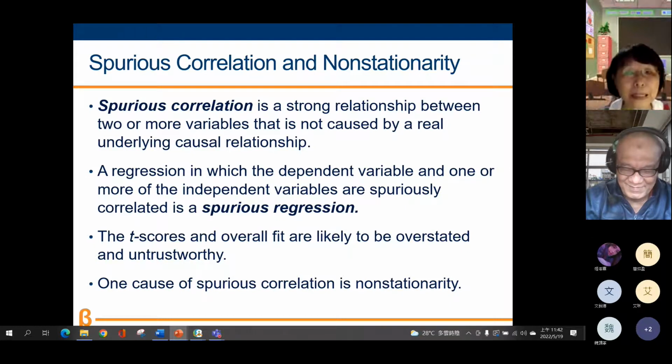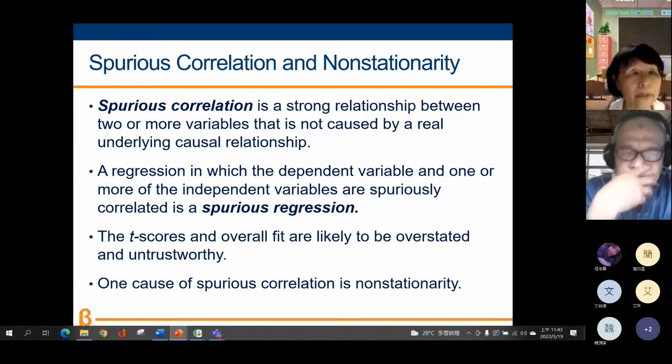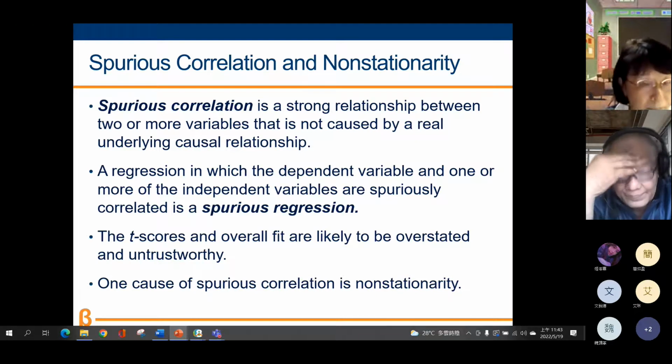If we see a significant, strong relationship between y and one or several x variables, but it is not caused by a real underlying relationship according to the theory, then we may suspect there is a spurious correlation.